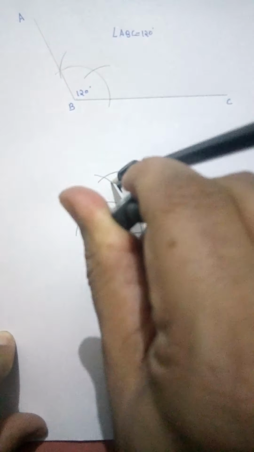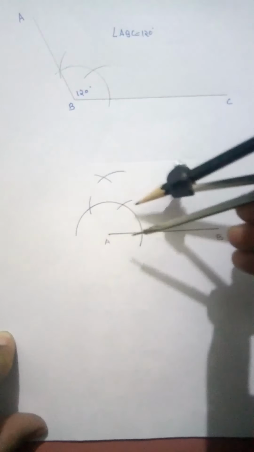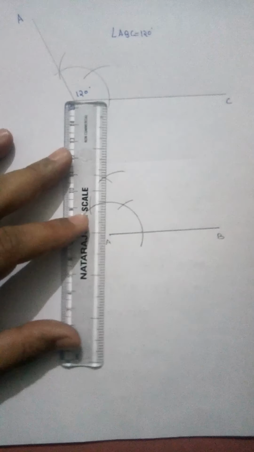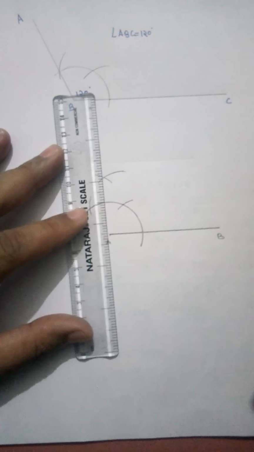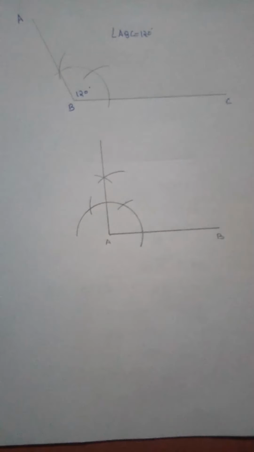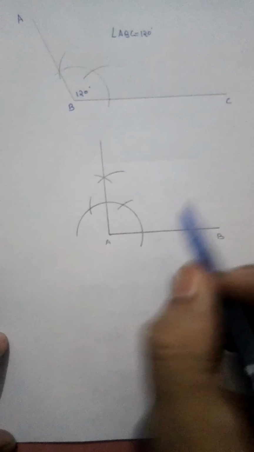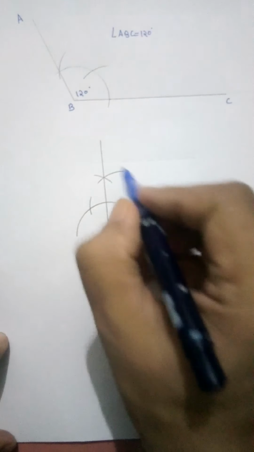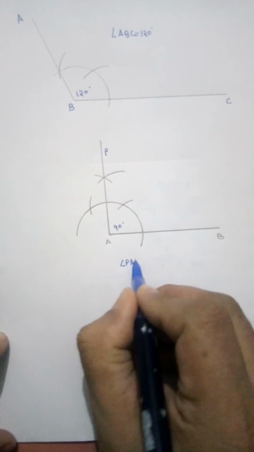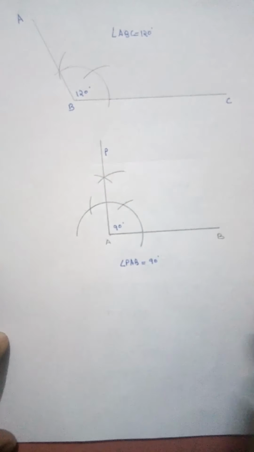So it will give me a point which will fall in between 60 and 120 degrees, and if I join this to A like this, what I will get is the 90 degree angle. So this is how we get the 90 degree angle, correct? So angle PAB is equal to 90 degrees.